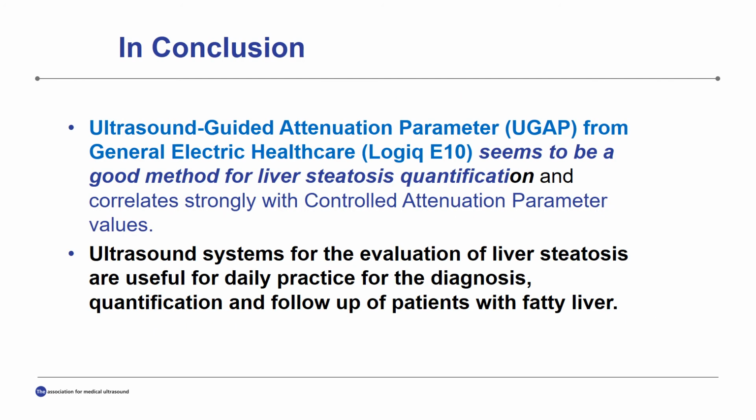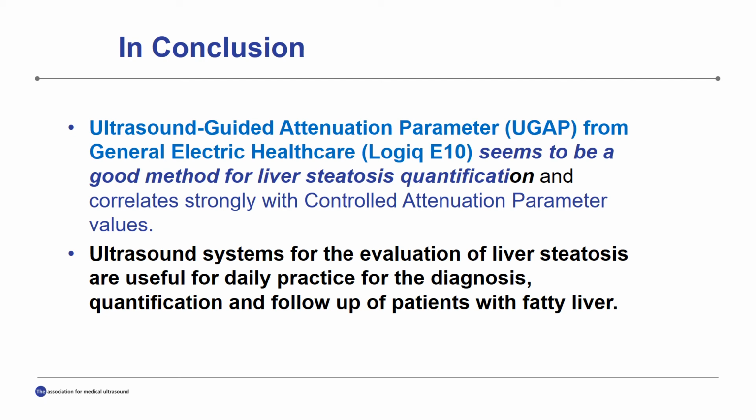As a conclusion, we can say that this ultrasound-guided attenuation parameter from GE that is implemented in the Logiq E9 seems to be a good method for liver steatosis quantification, at least in comparison with CAP. And the next step is that this ultrasound system that can make quantification of steatosis is good for our daily practice.